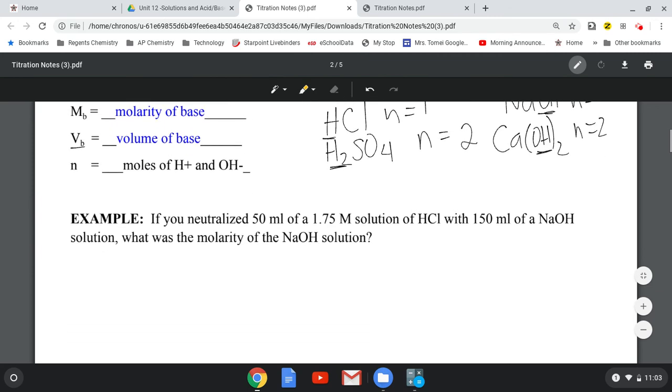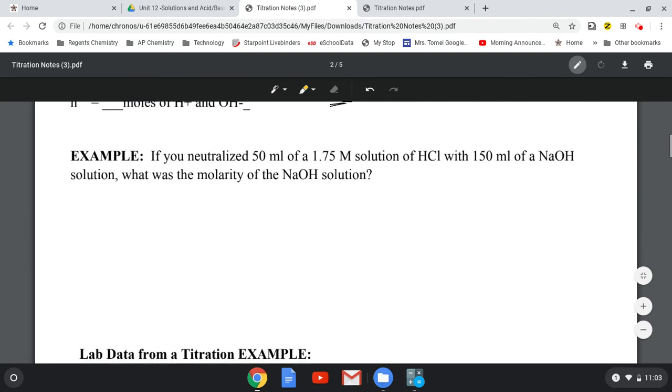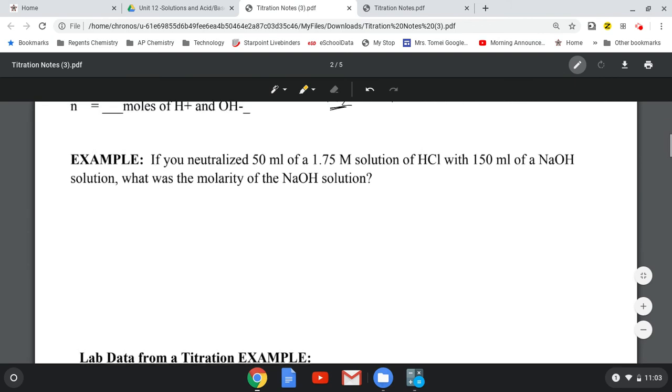So what I'm going to do is walk you through two examples. One is a word problem without any titration experiment mentioned, and one is actual titration data. So the first example is just a word problem, and it doesn't even include the word titration. A lot of times people get thrown off by that, but it does include the word neutralization, so you can assume you're going to use the titration equation.